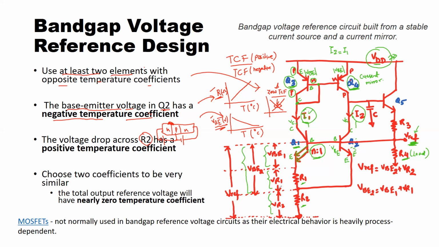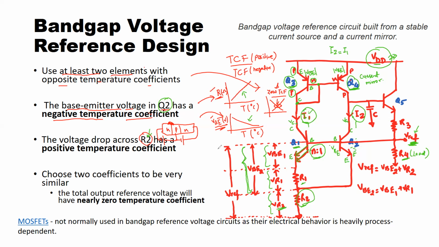And now I just said that I am using R2, which is this resistor, which has a positive temperature coefficient behavior, and the voltage drop across this is VR2. And also I'm using the base emitter junction of Q2, which is this voltage drop, which has opposite behavior with respect to temperature, that is this graph.